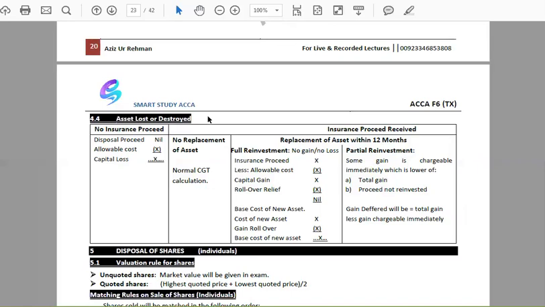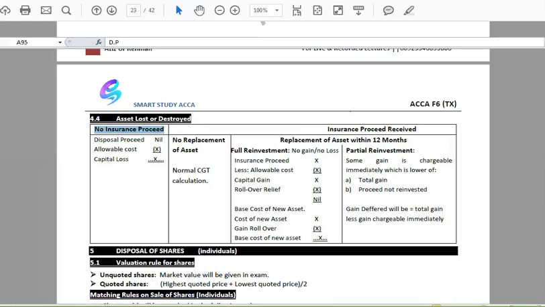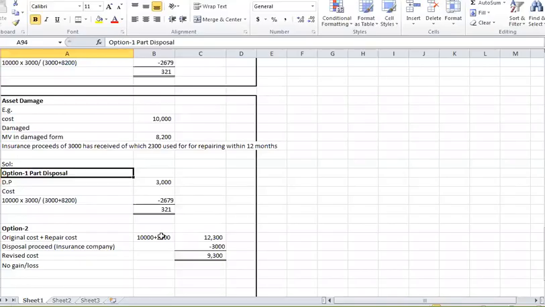In all these three situations, these are the tax implications. First of all, no insurance proceeds received. Suppose the asset has been destroyed in a fire, and no insurance proceeds have been received from the insurance company. So what will be the accounting implication?